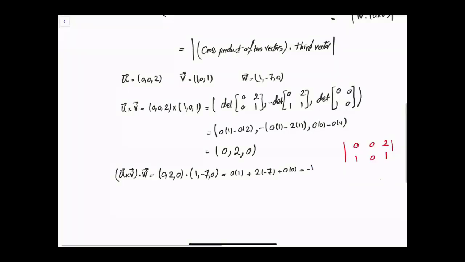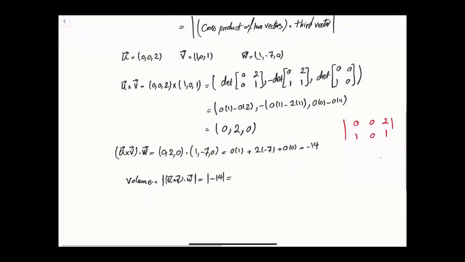In this case, it is negative 14. Negative 14 is not volume. Volume must always be positive. The volume is the absolute value of U cross V dot W, which will be the absolute value of negative 14. Absolute value means that if it is negative, just drop the negative sign, so it will be 14.